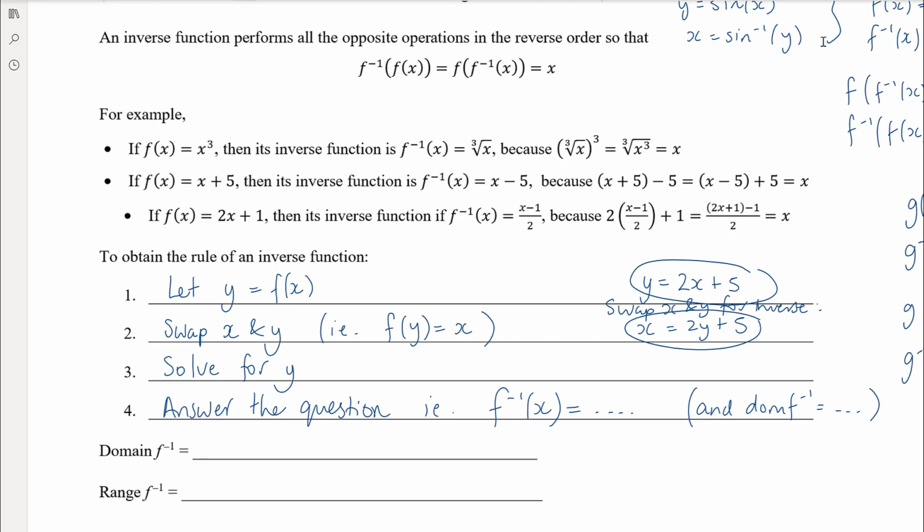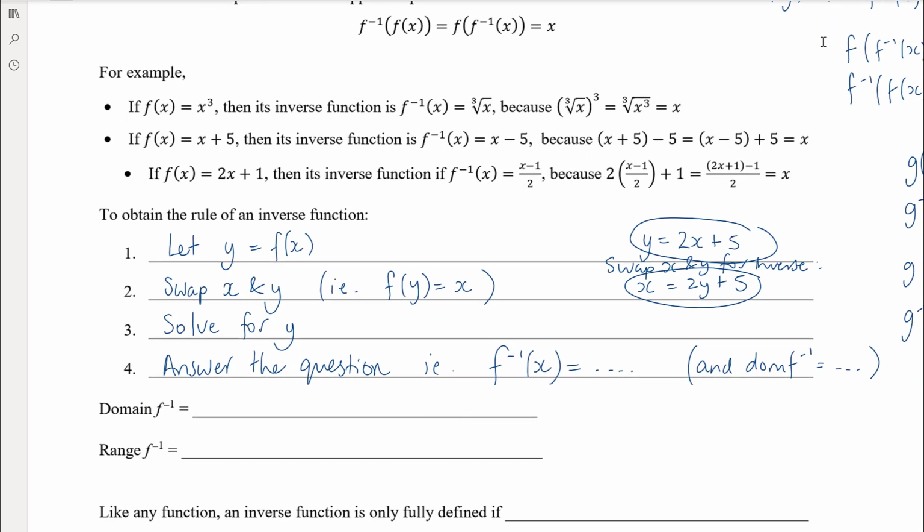So everything that's to do with x in the original function now becomes to do with y in the inverse function, and vice versa. And so the domain of the inverse function is equal to the range of the original function, and the range of the inverse function is equal to the domain of the original function. So your domains and ranges switch around.